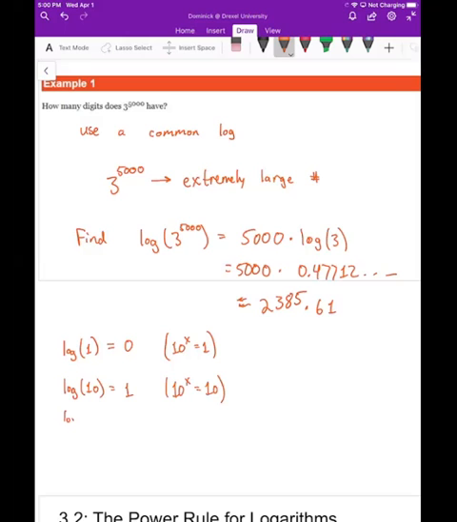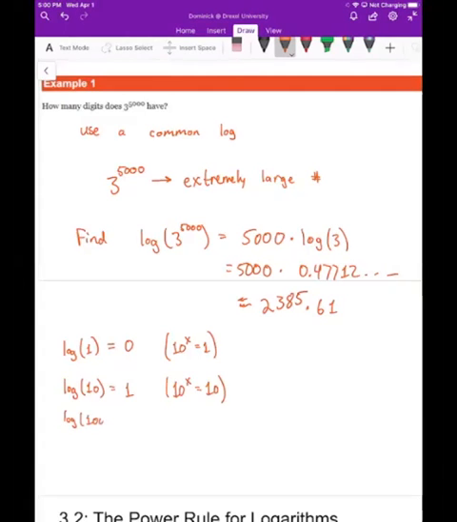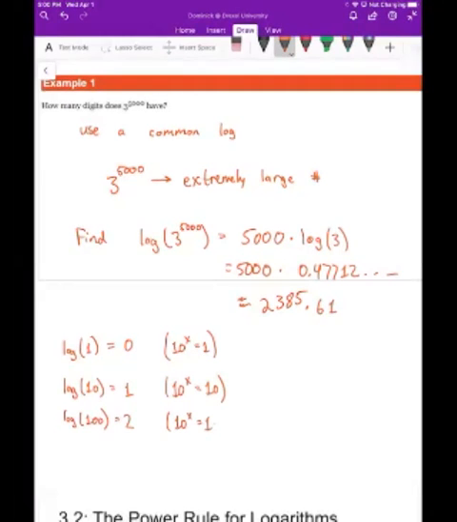If I want log of 100, that's 2, because if I solve 10 to the x is equal to 100, I get that x is equal to 2. So hopefully you're seeing the pattern here.